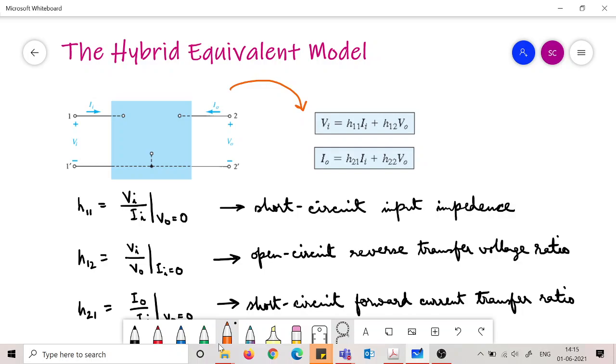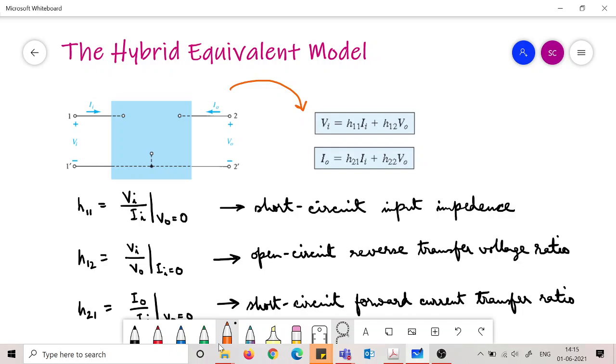So obviously the BJT is a nonlinear element. However, we are only concerned with that part of the behavior of the BJT which is linear in nature. When does that part of the behavior appear? When the Q point of the BJT is in the active region.